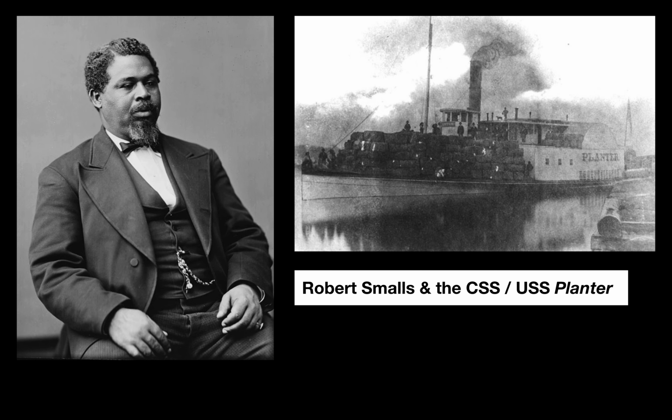And he surrenders the ship to the Union, and he is congratulated by President Abraham Lincoln and rewarded a large sum of money. And then he begins to work for the Union, helping the cause of the United States of America during the Civil War. One of my favorite stories, and that ship becomes part of the Union fleet.